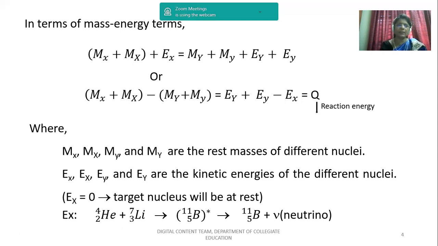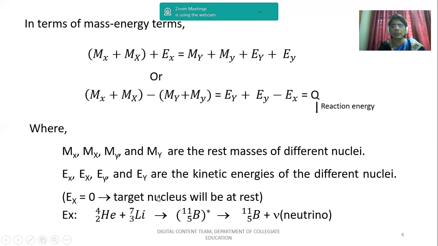As I explained, Mx, capital MX, Mx small y, capital MY are the rest masses of different nuclei, whereas capital EX, small Ex, small Ey, capital EY are the kinetic energies of the different nuclei. Particularly, capital E with capital X as subscript, the kinetic energy of the target nucleus, is always considered to be equal to 0.